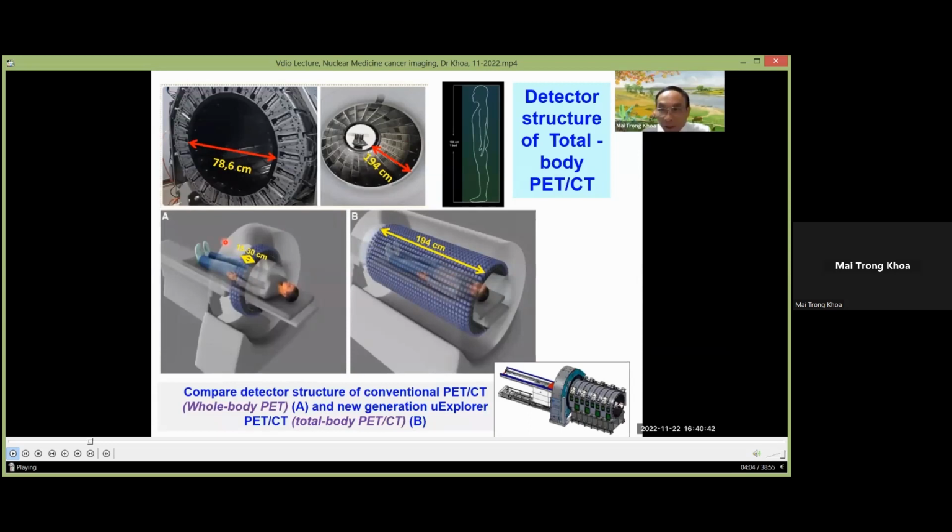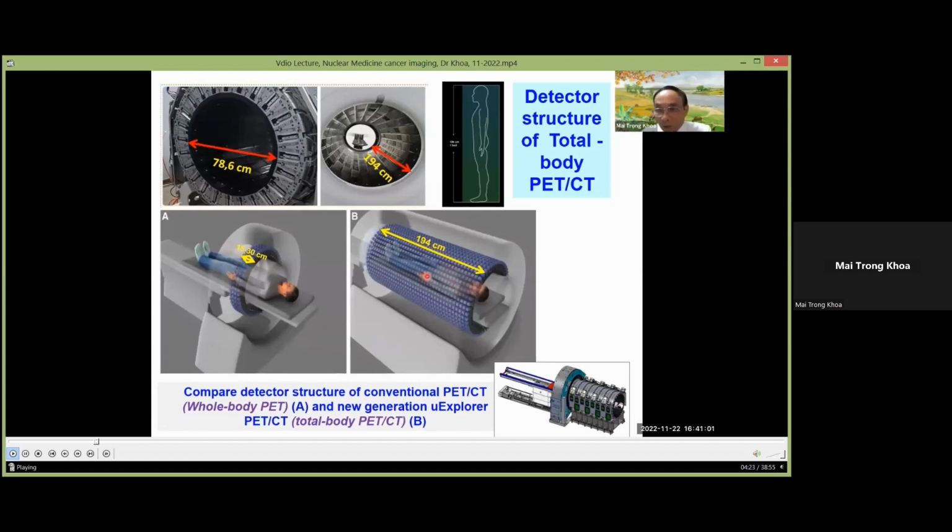The whole body PET has a detector length of less than 30 centimeters, while total body PET has a detector length of up to nearly 2 meters.